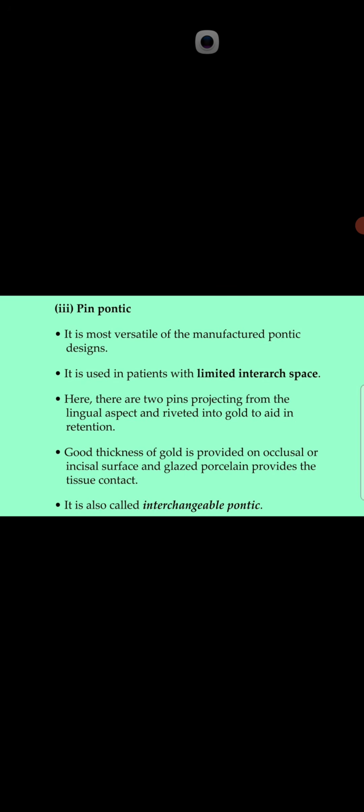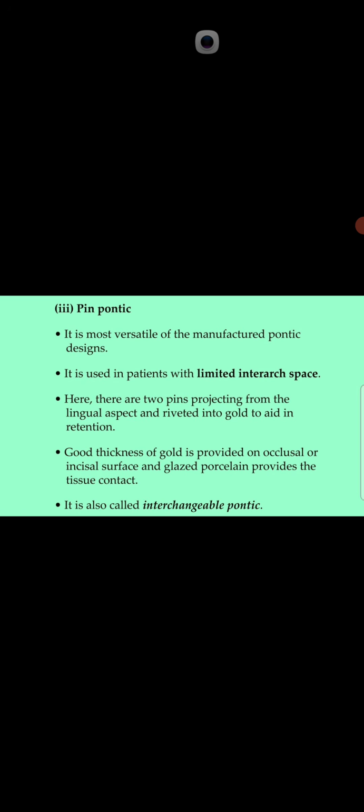But here in pin or flat back interchangeable pontic, we give one material on facial surface and other on lingual surface. Here we give porcelain on the facial surface and gold on lingual surface with vertical slot. And also we can give pin for retention, therefore also known as pin pontic.